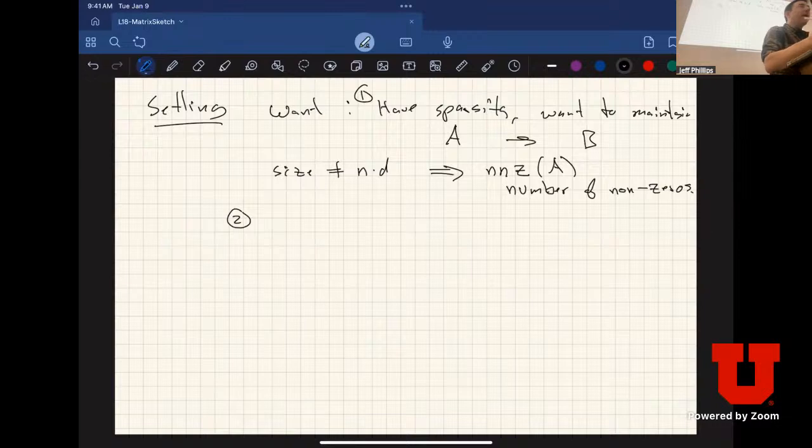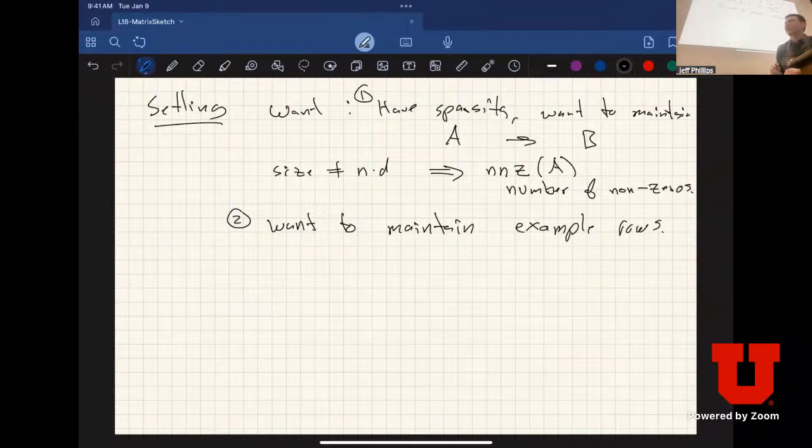The second property is I want to maintain example rows. Okay, you could think of this with columns. Often this setting is called column sampling, and they transpose the matrix, and they think that the number of columns is bigger than the number of rows.